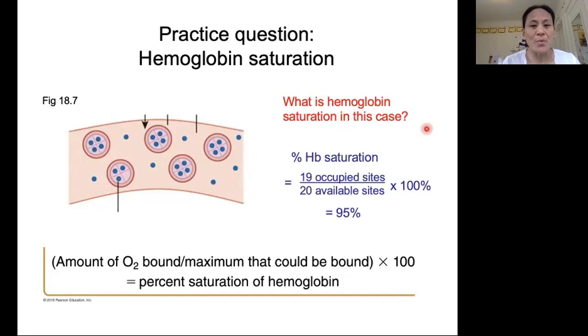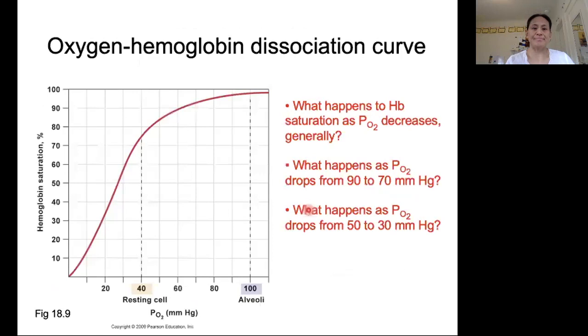Okay, so the hemoglobin saturation is going to be 95% in this case because we have 19 occupied sites over 20 available sites. Multiply that by 100% to get our percentage, and that gives us 95%. Okay, so that is 95% hemoglobin saturation.